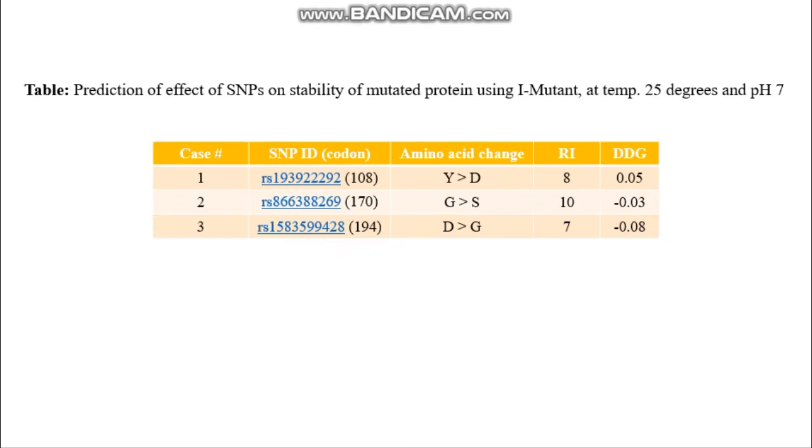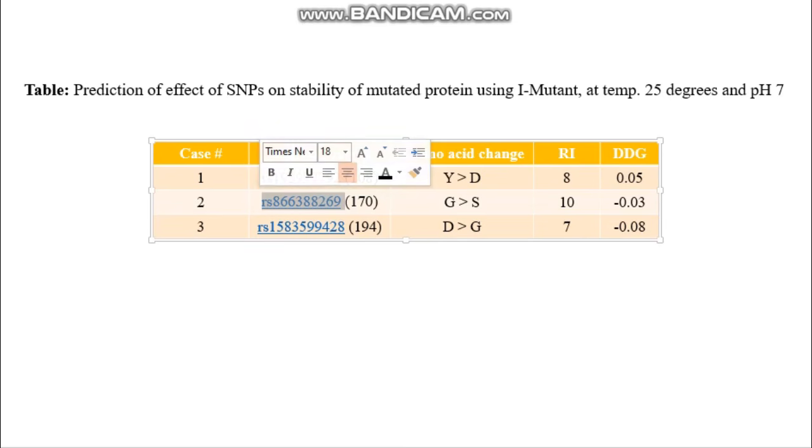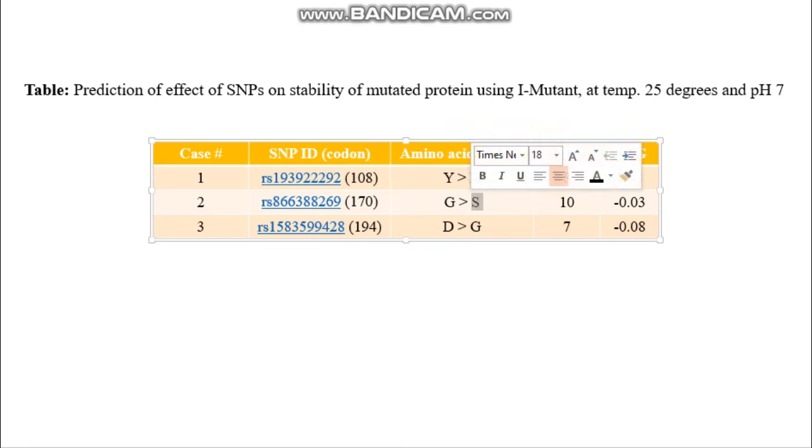In the second case, the SNP is localized at codon 170, and it is changing the G amino acid into S. The reliability index is 10 and the value of DDG is minus 0.03.